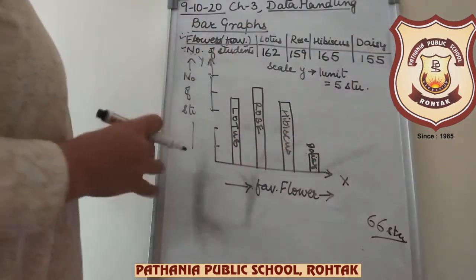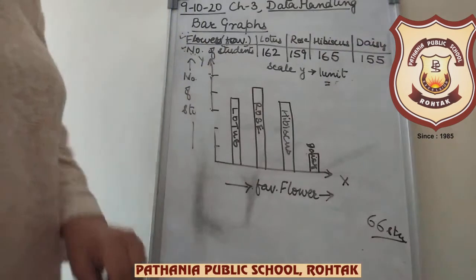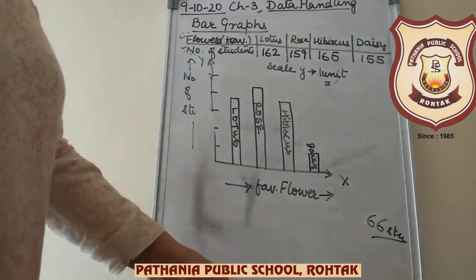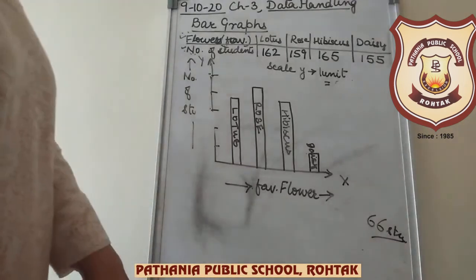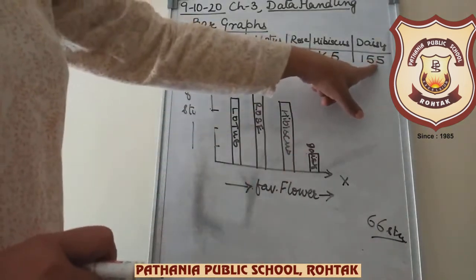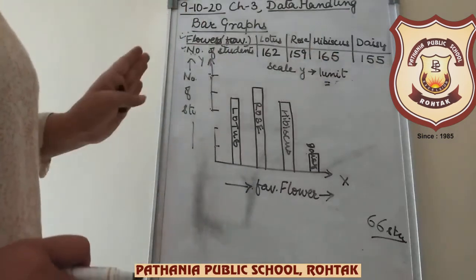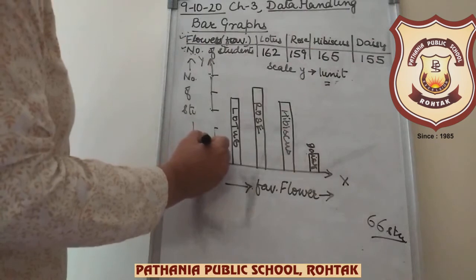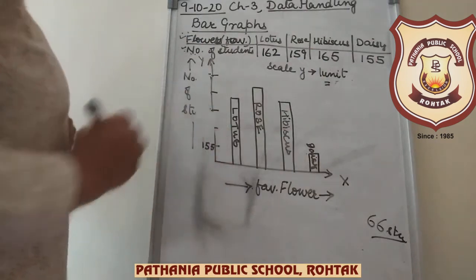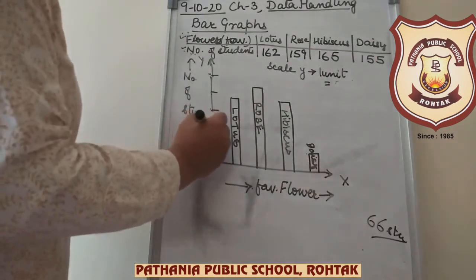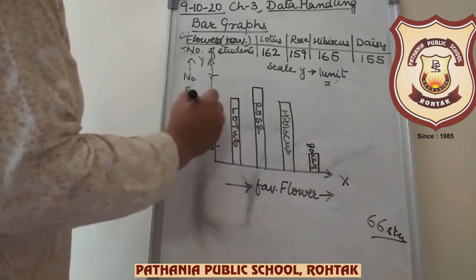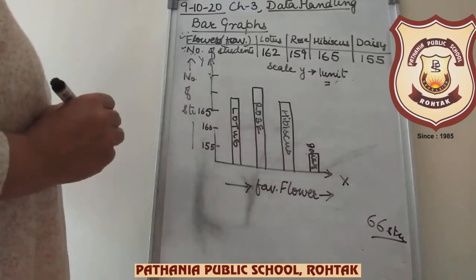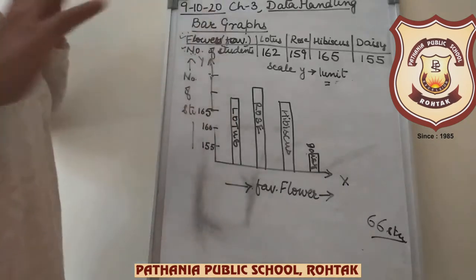These are the values which are given. Now there is no point starting from 5 like that, because my first value is 155 and all the other values are above that. So instead of wasting my paper, I will start with 155 here, 160 here, then 165 here, and so on.